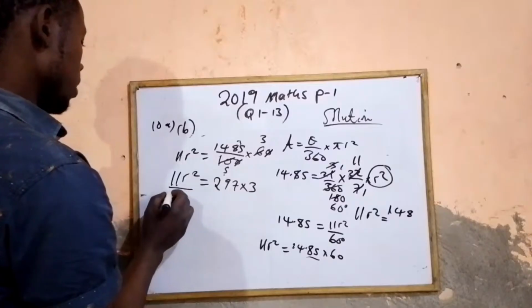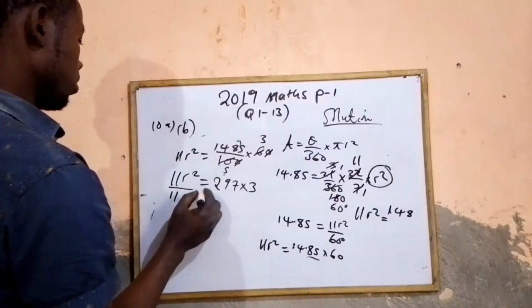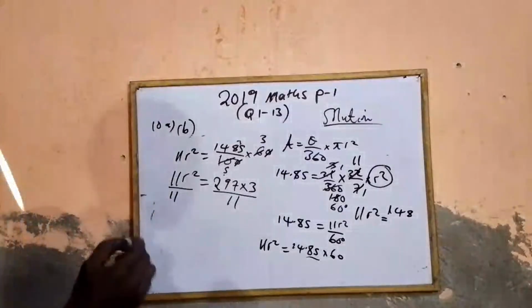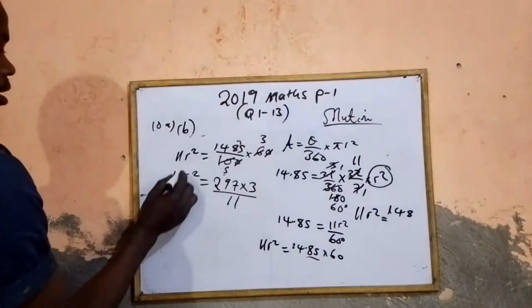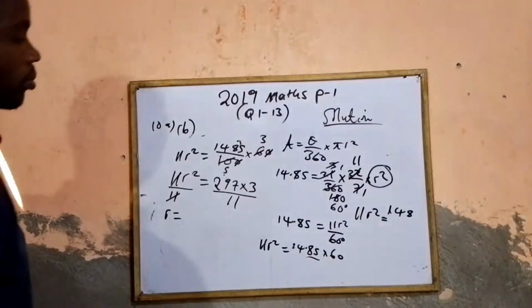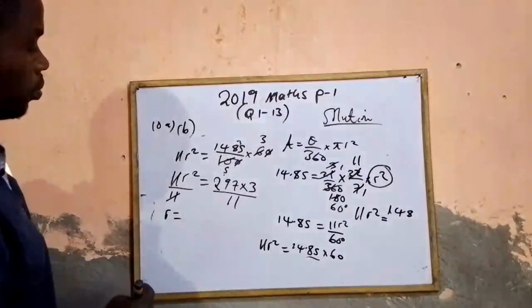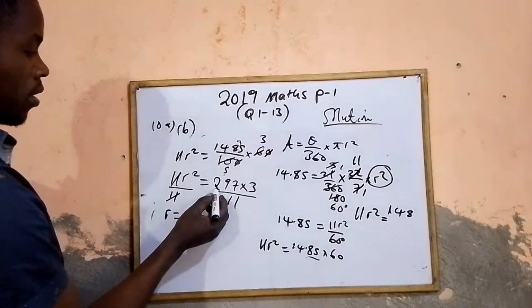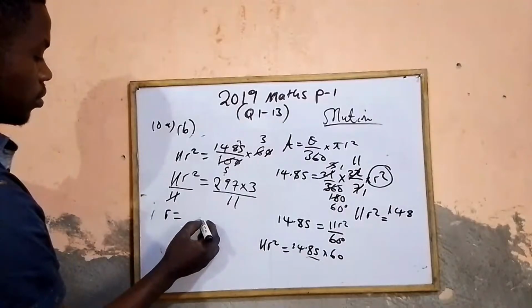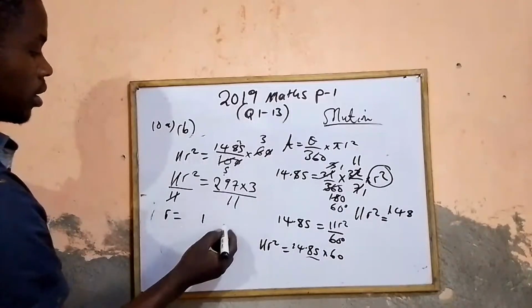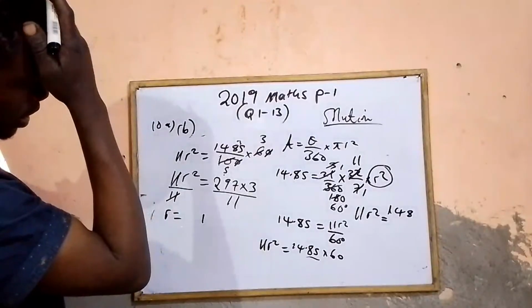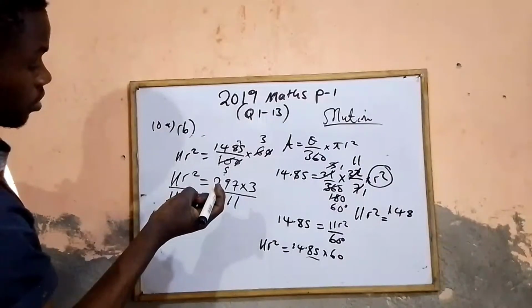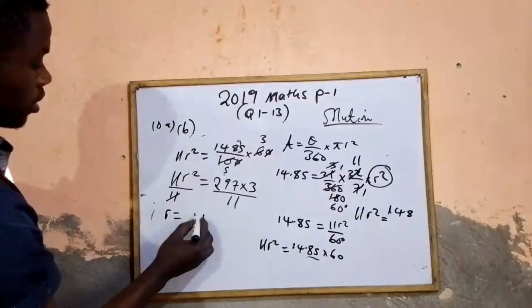Then you divide throughout by 11. Here 3 times 7, you are going to have 21, which is 1 carry 2. 3 times 9 is 27, plus 2 is 29, so 9 here.